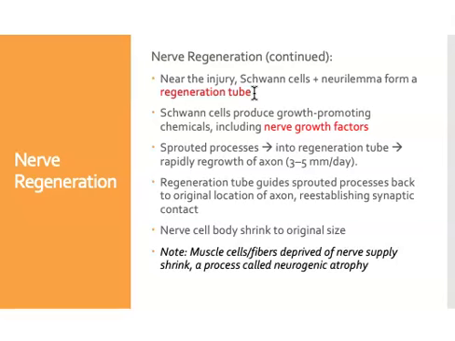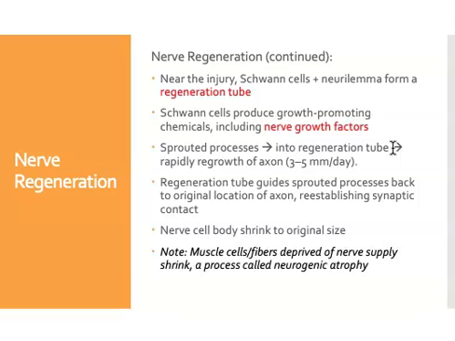The Schwann cells are going to start secreting a growth promoting mix of chemical signals, including chemicals that are called nerve growth factors. The sprouted processes, these nerve membrane extensions, are going to be directed into that regeneration tube.